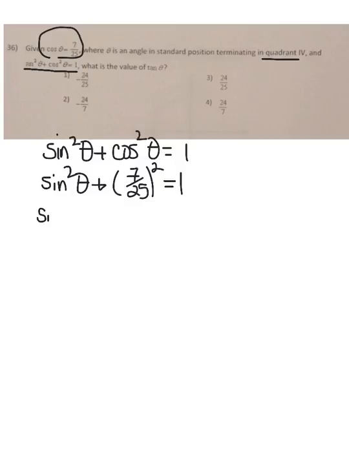So that gives me sine squared theta plus 49 over 625, right? 625 equals 1. Then I'm going to subtract over that 49 over 625.